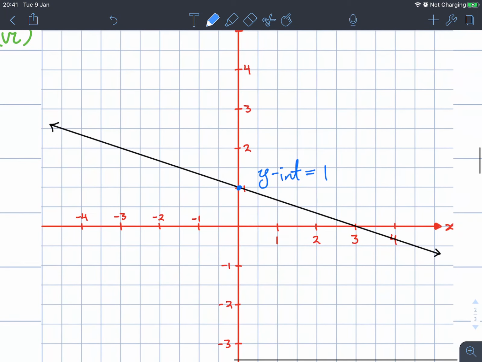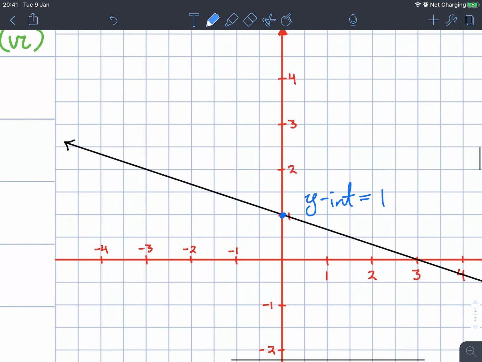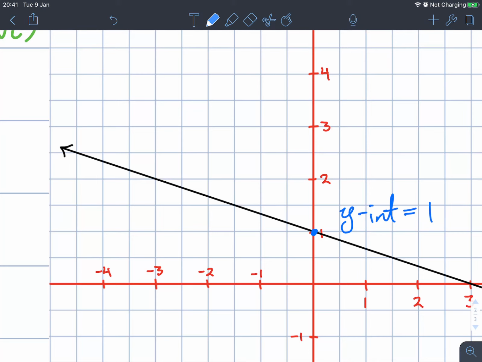Now for the gradient, once again, we're going to pick any 2 points we know the value of. For me, I'm going to pick this point here. That's -3, 2. And I'm going to pick one more point that I definitely know the value of.